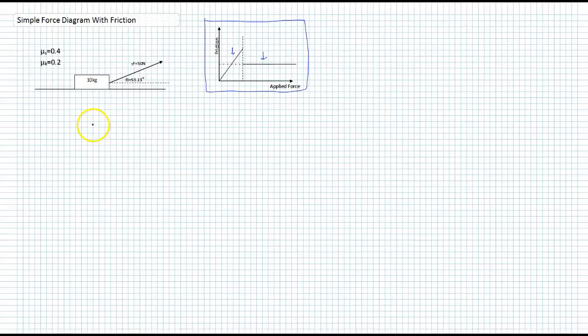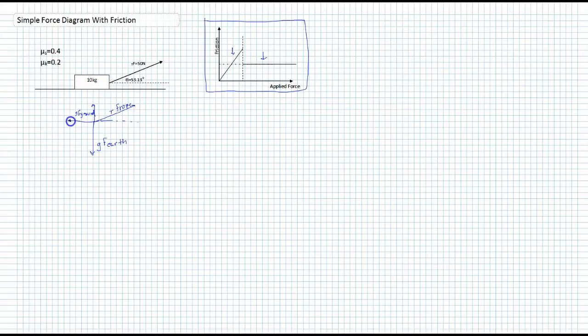Alright, so to solve this problem, we need to have a force diagram. I'm going to skip the whole bubble diagram, although that is important. We've got the gravitational force of the Earth pulling down on this object. I've got the tension force of the rope pulling at an angle, and I'm going to have some support from the ground.